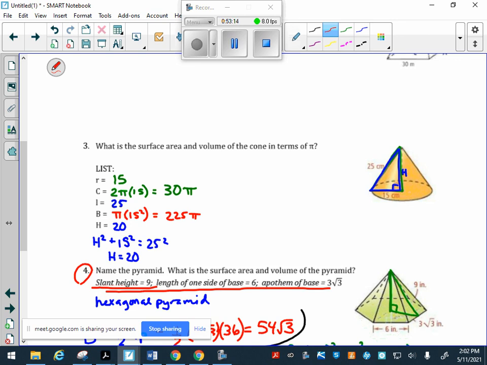All right, once we have the list, we're going to plug it in. This area, 1/2 CL plus B. Circumference, I don't know what's wrong with my smartboard, it's doing weird things. C is 30 pi. L, 25. Plus capital B is 225 pi.